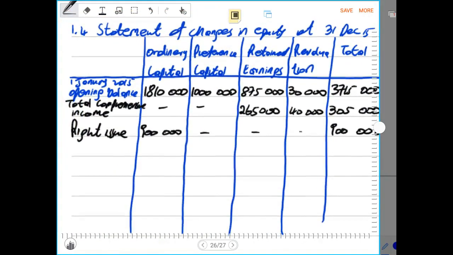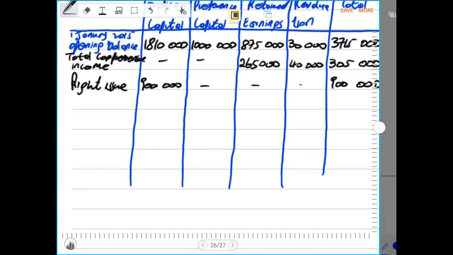It was ordinary shares that were issued as the rights issue shares. Then after, there was an issue of ordinary shares. Ordinary shares that were issued to the public amounted to 720,000.